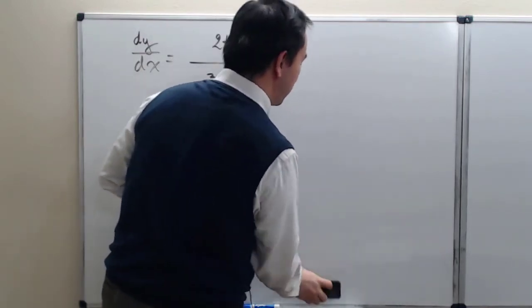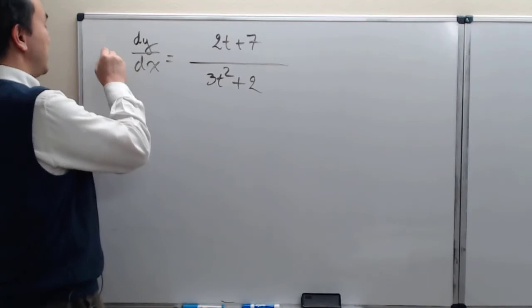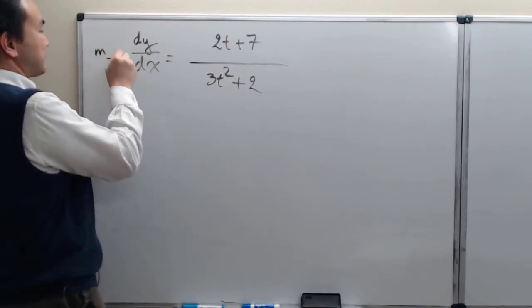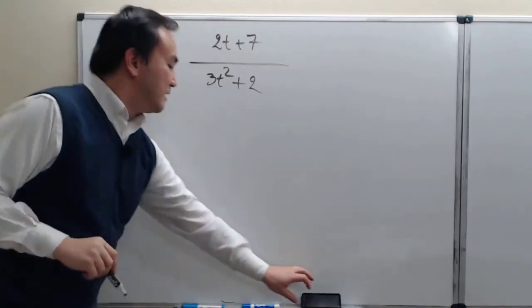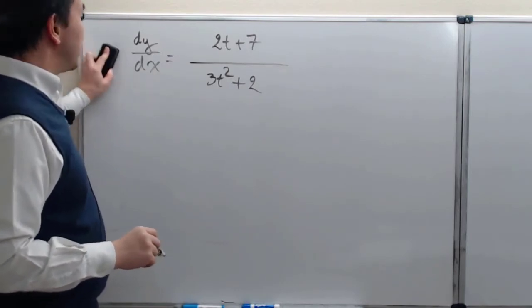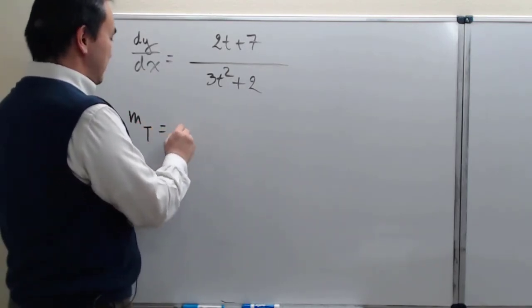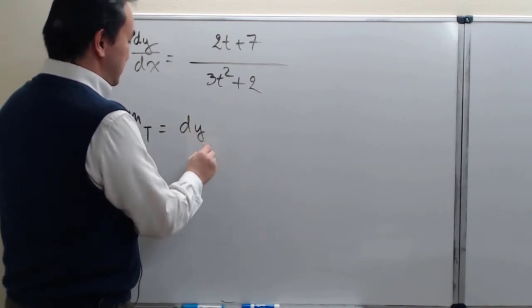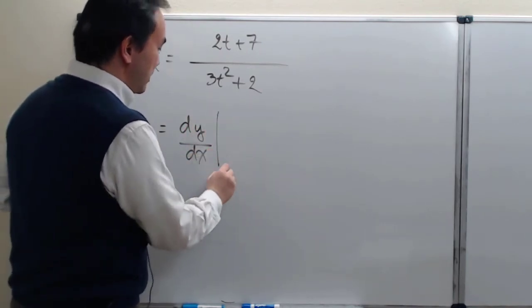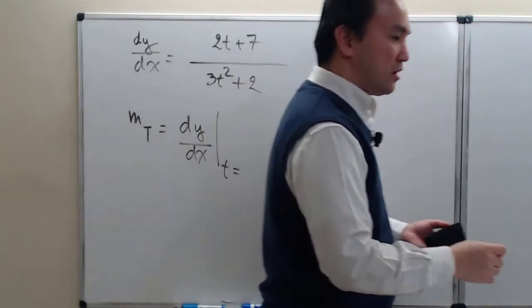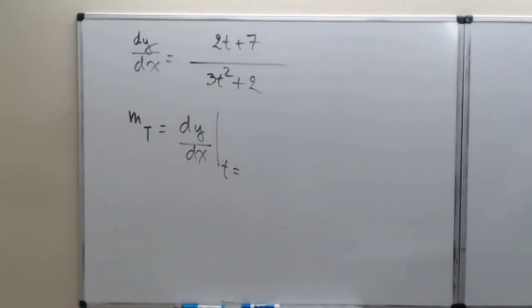Just like the standard step, finding the slope of the tangent line, we've got to get the dy/dx right there. Okay, and I actually wrote this a little too soon. But the actual slope of the tangent line we're looking for now is our dy/dx, but I'm going to substitute in t equals -1, because we are at the given time, t equals -1.